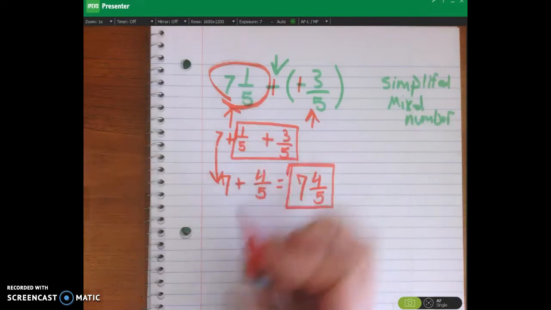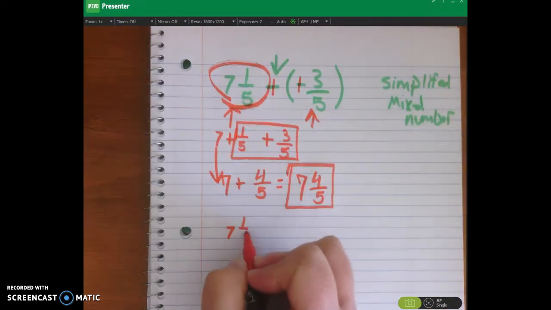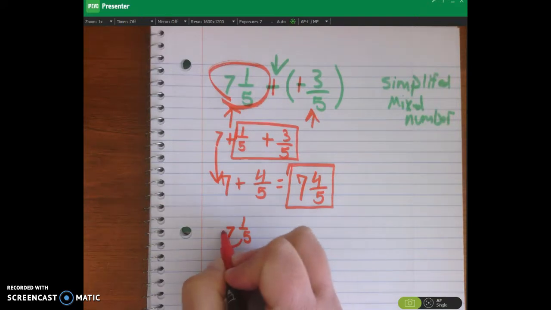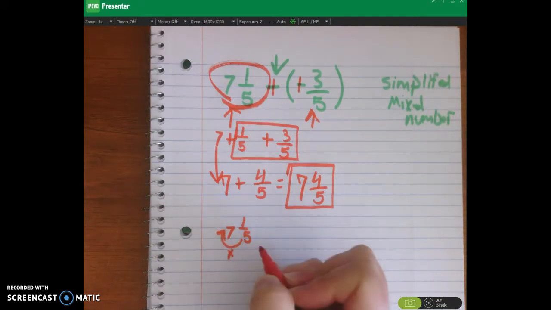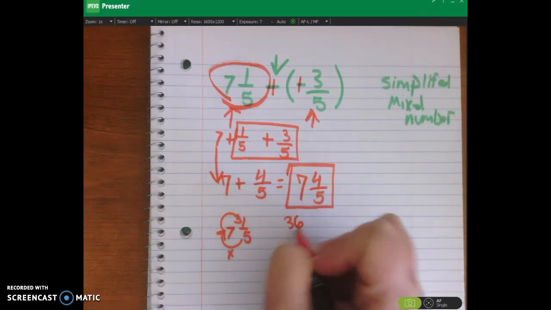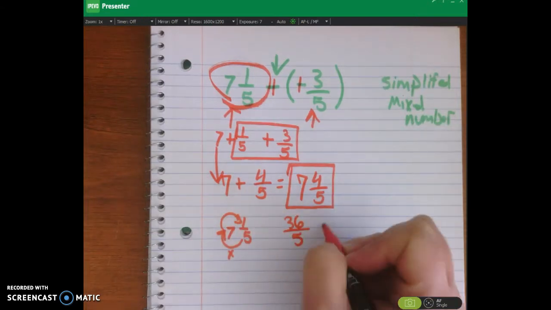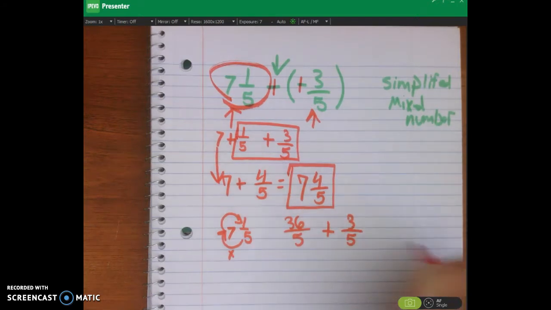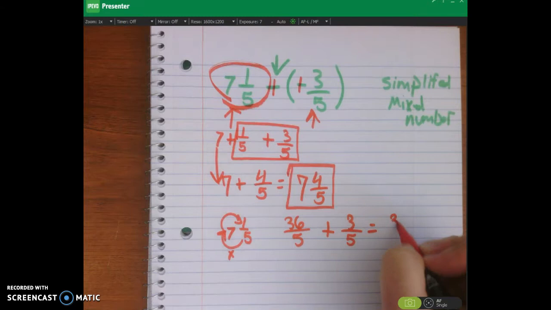Okay, so if we take our 7 and 1/5, convert it to an improper fraction, 7 times 5 is 35, plus 1 is 36 over 5, and we're adding 3/5. So now we can add our numerators.